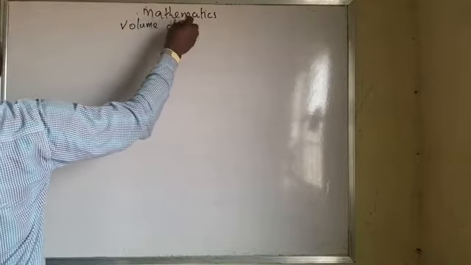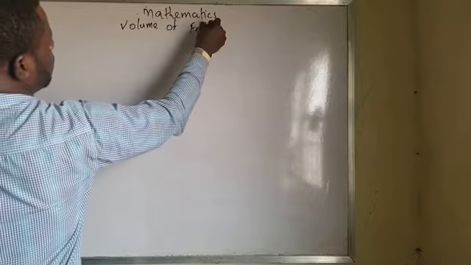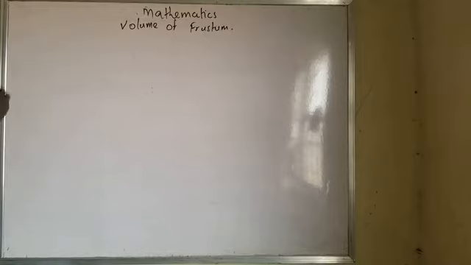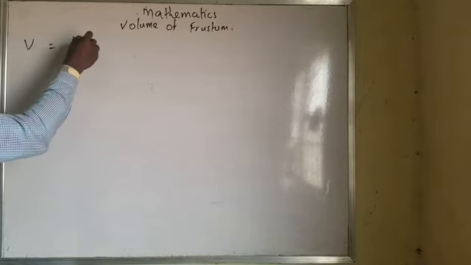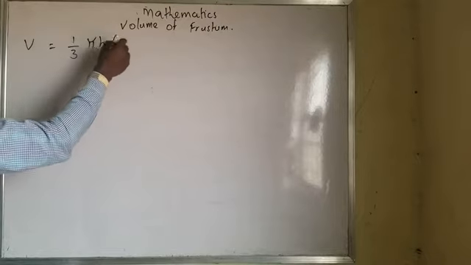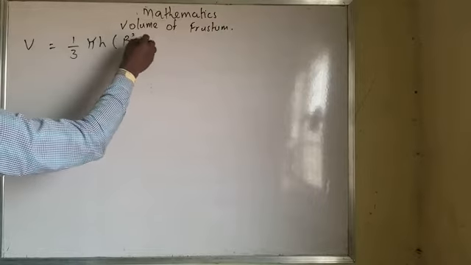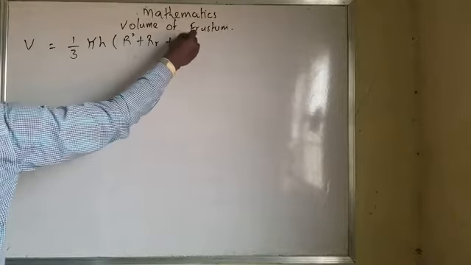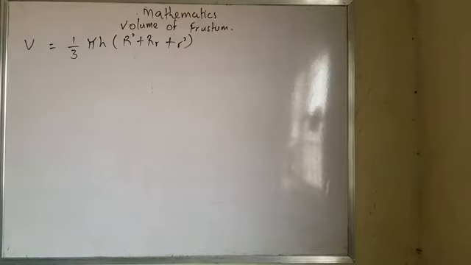The volume will be equal to 1 over 3 pi h bracket of R squared plus big R small r plus small r squared. That is the volume of a frustum.